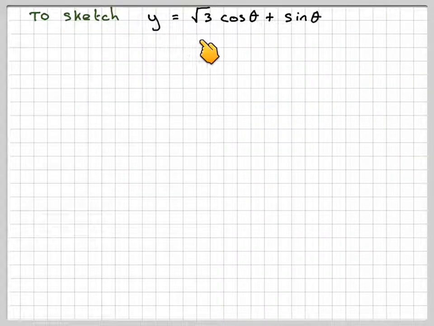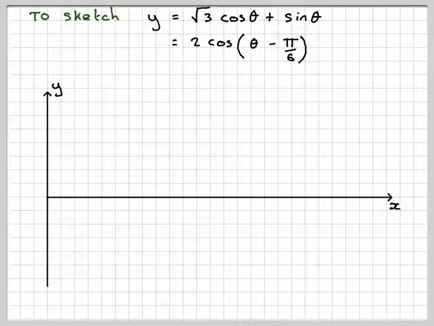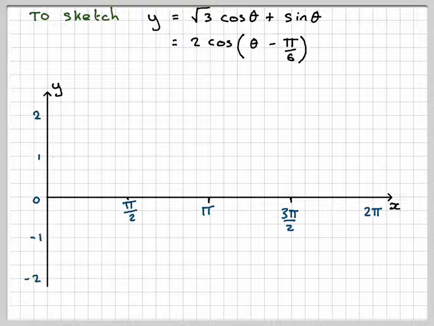Right, we need to sketch the graph of y equals root 3 cos theta plus sine theta. So using this form, y equals 2 cos(theta minus pi by 6). Now drawing a set of axes and then marking on 0, pi by 2, pi, 3 pi by 2 and 2 pi.